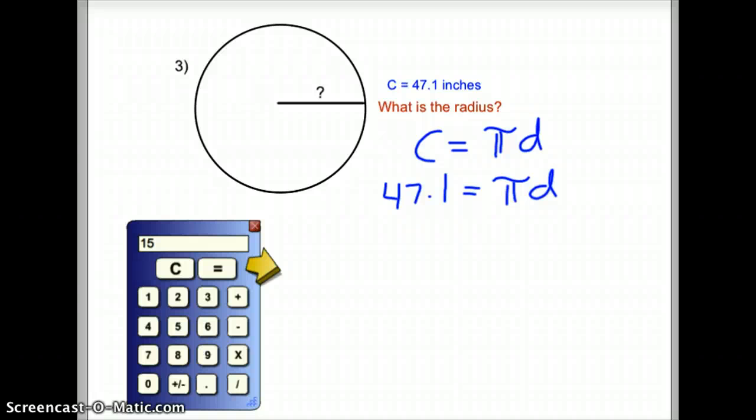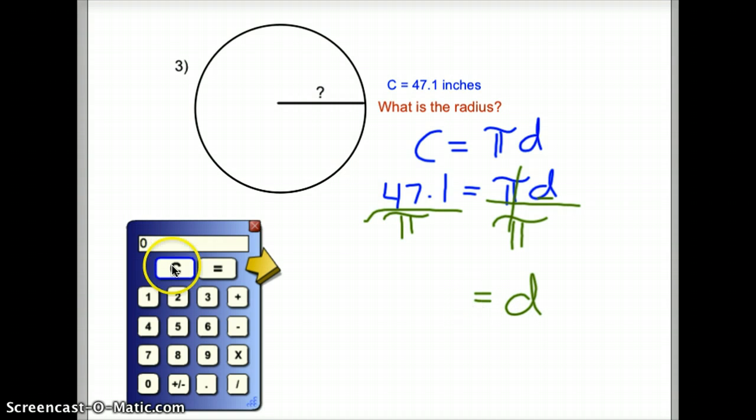So the first step you want to do is figure out what D is. So instead of multiplying by pi, you're going to divide by pi. And if you do that on the right side, you have to do that on the left side. So really over here, you're getting D equals 47.1 divided by pi, in this case 3.14, and I get 15.